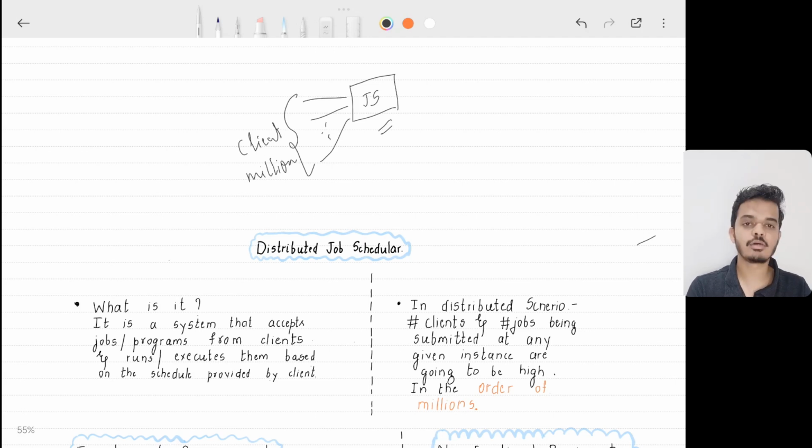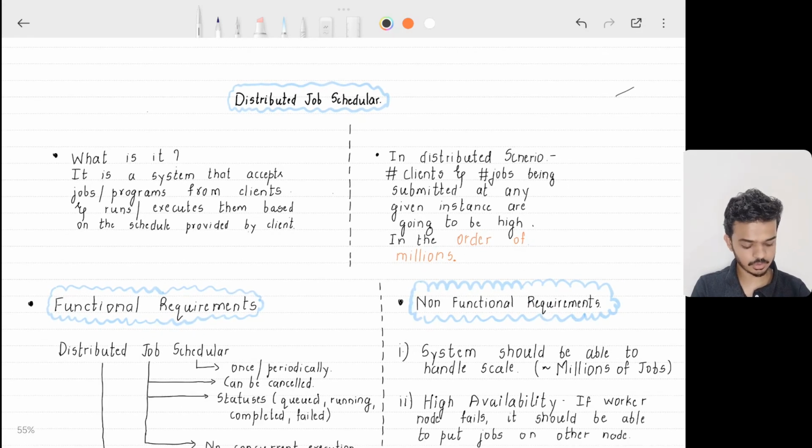That's why we need a distributed job scheduler, which can distribute the jobs given by clients on multiple machines. When we say distributed, we are talking of order of millions. There are going to be a lot of jobs and a lot of host machines on which the jobs are going to be scheduled. So we need to design a job scheduler for such a system.